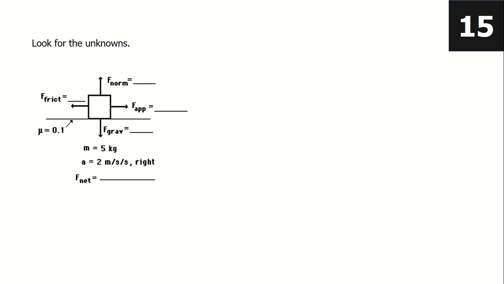Okay, item 15 is the same type of problem, so you will approach it in the same way. We have four forces present on the object: normal force, gravitational force, applied force, and the frictional force. Right here, you're given the mass of 5 kilogram and acceleration of 2 meters per second squared.